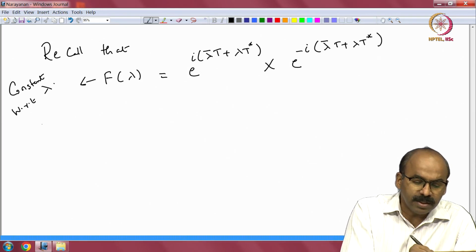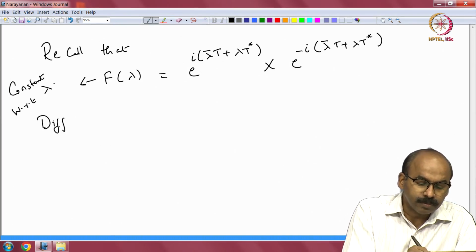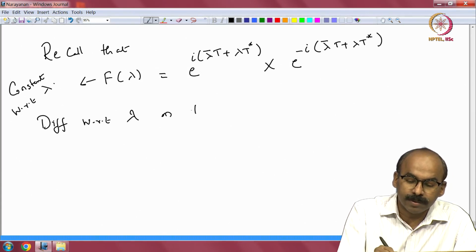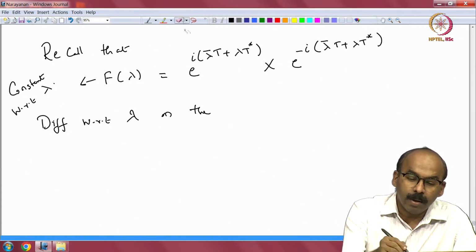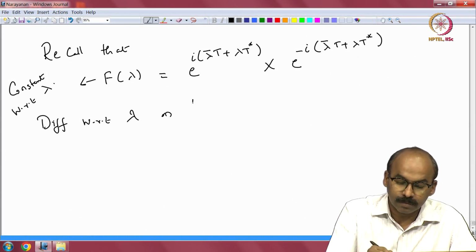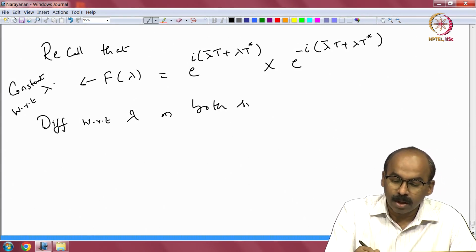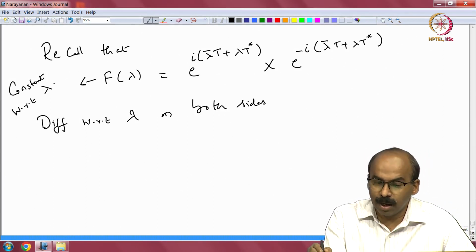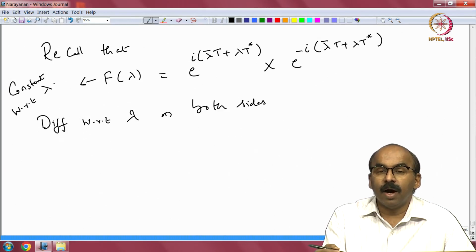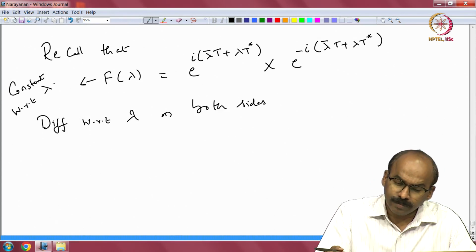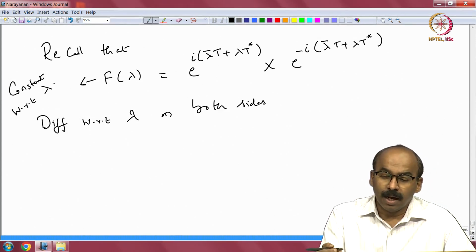Okay. So, differentiate with respect to lambda on both sides. The left hand side gives me 0 because f is constant with respect to lambda. On the right hand side you have to apply the product rule, because it is the product of two functions.